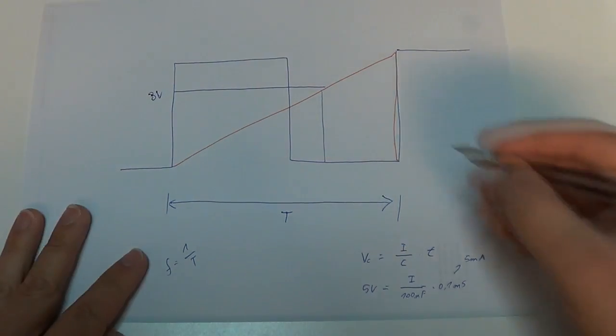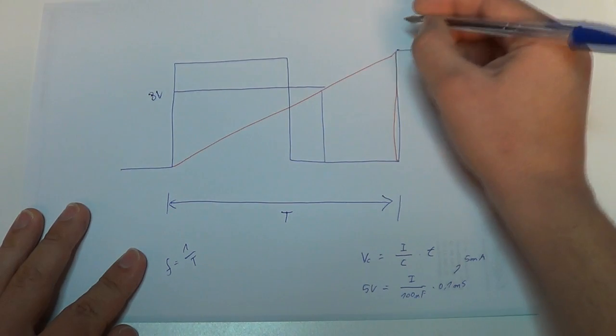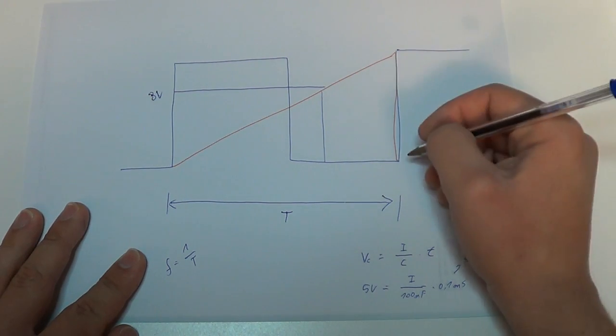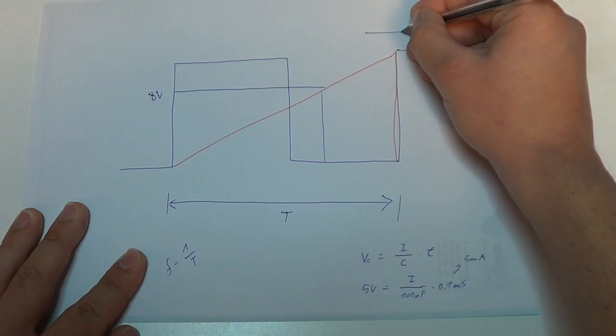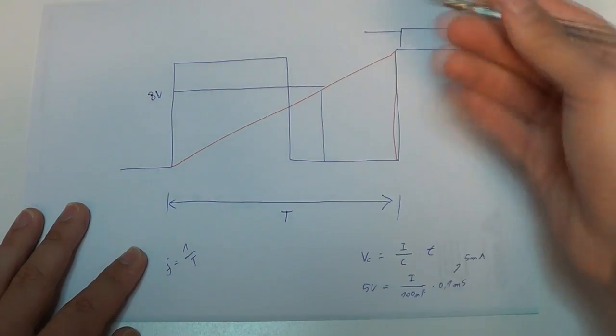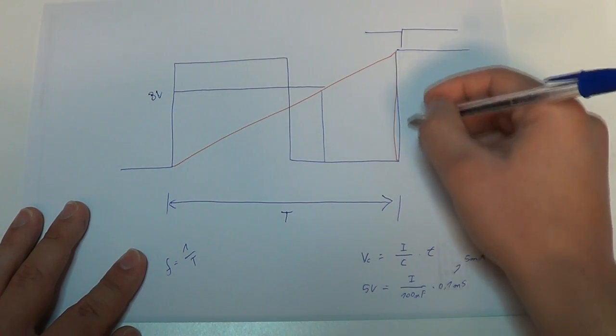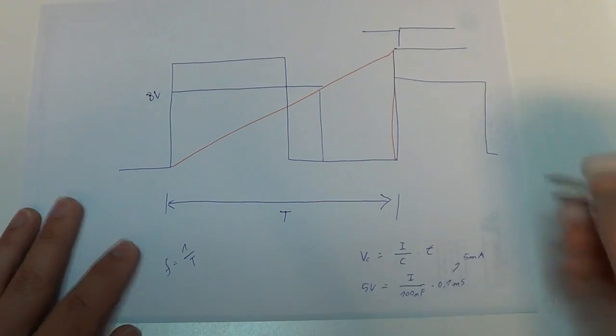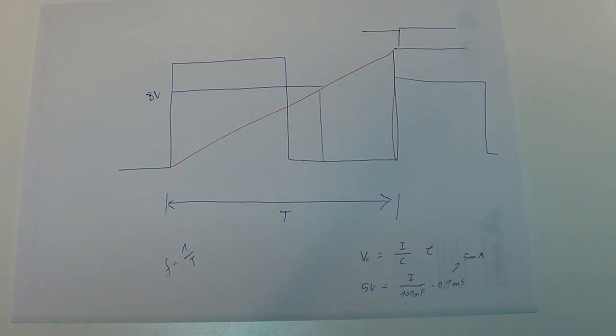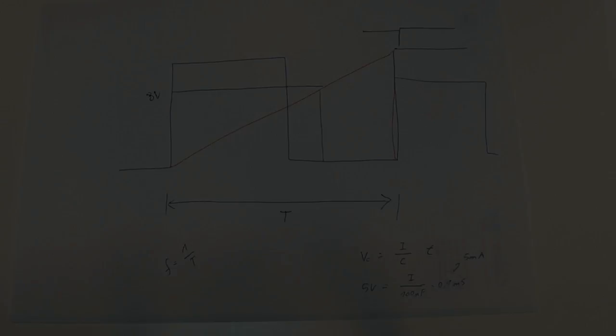And then after the period, the incoming pulse for your modulator will reset the capacitor, and another cycle will start again, and it will repeat indefinitely, and that is how you achieve the modulation, and that's how it works.